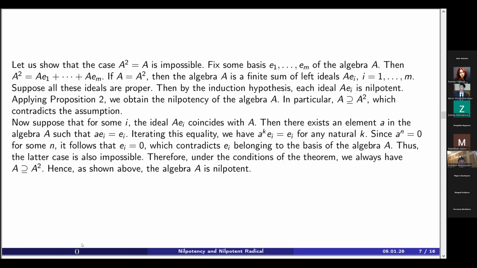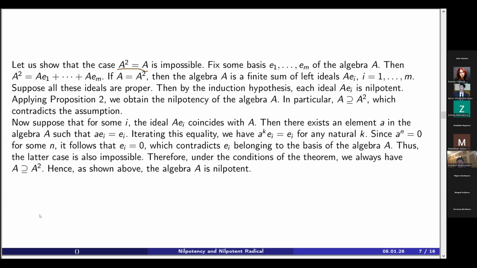Дальше. Я не поняла, почему мы представляем такой кейс, что он невозможен. Нет, мы просто покажем, что А квадрат не равно А.